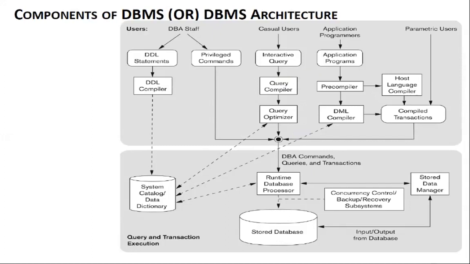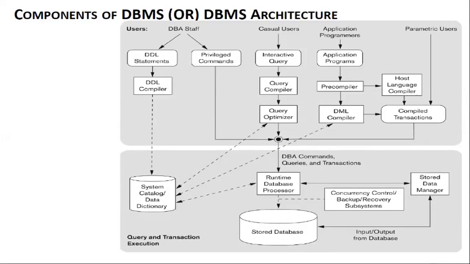From the queries up to the compiler, you can consider it as one layer. After the compilation process, all the compiled code is forwarded to the runtime database processor, which executes all your queries and interacts with the stored database. In this way, you can divide it into two portions, which makes it easy to understand.